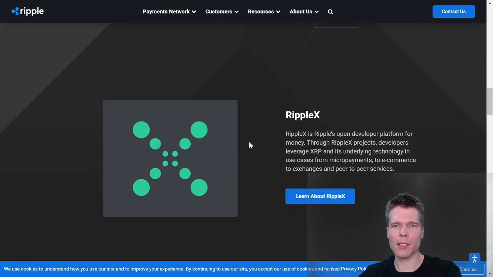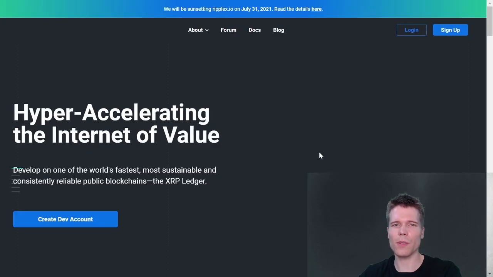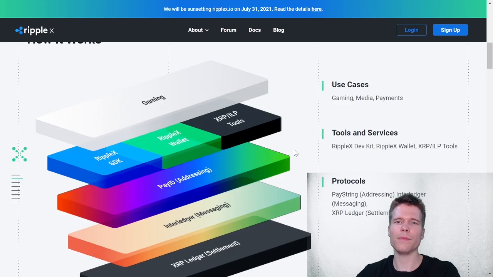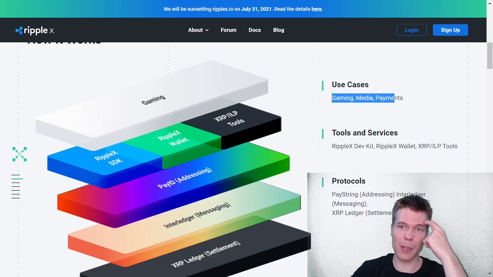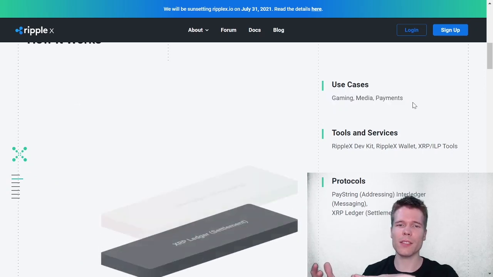RippleNet, RippleX. Okay, they do also have a developer platform. All right, this sounds most like Stellar's own selling proposition. Develop on the XRP ledger. Okay, but their use cases, gaming, media, and payments. So they have broader use cases that they're putting out there.